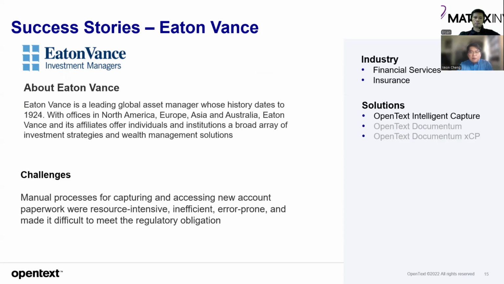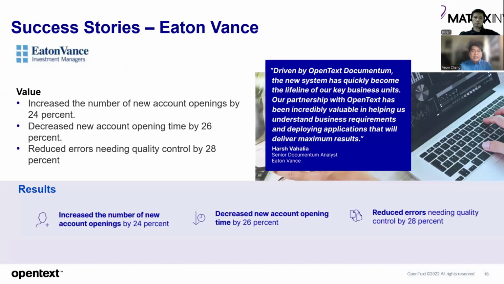With our solutions, we help them capture the documents and check against the supporting documents, ensuring that the proof of residence and the identification card, the names and the ID, tally before they can process. Leveraging our system, we help to increase the number of accounts opened and decrease the opening time, where all this is automated.